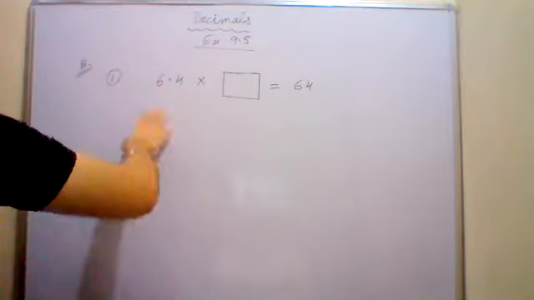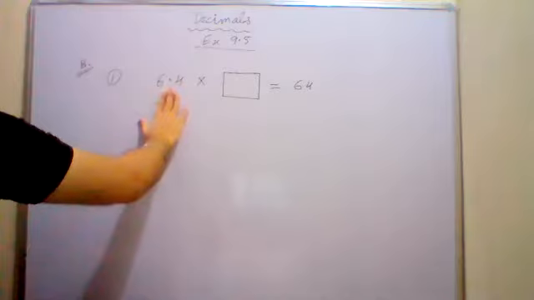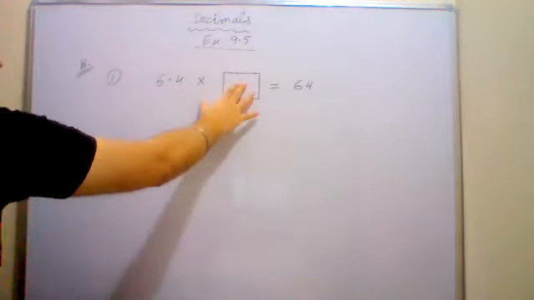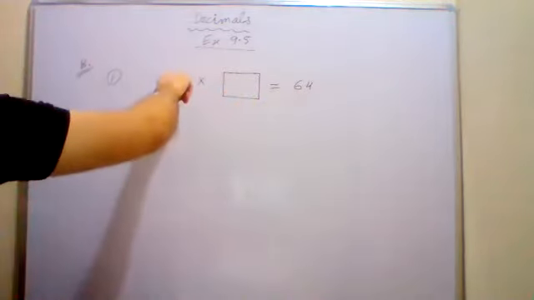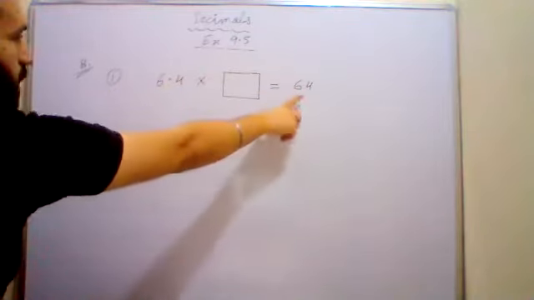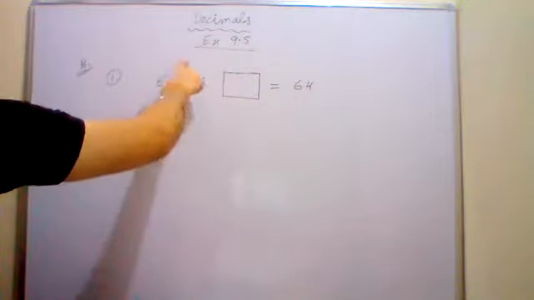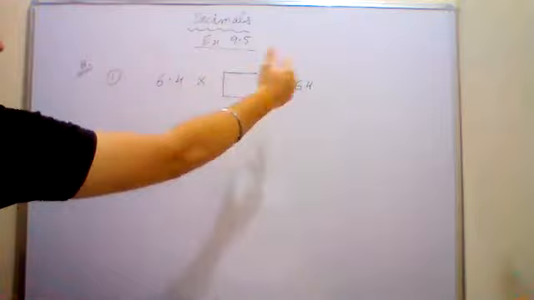Sir, can I tell the answer of this? Wait, wait. 6.4 multiplied by what is equal to 64. From the question and answer, you can see that the decimal has moved only one place to the right side.